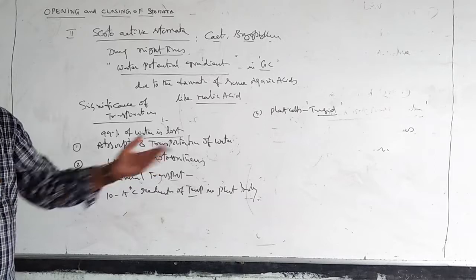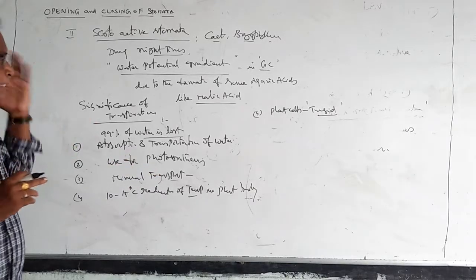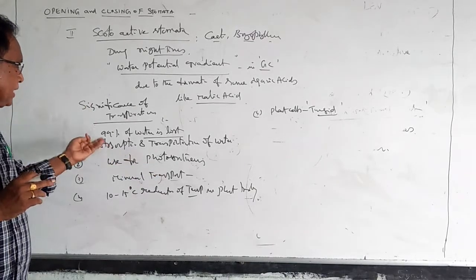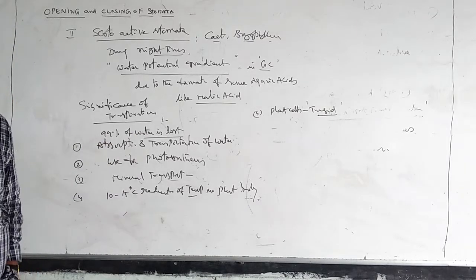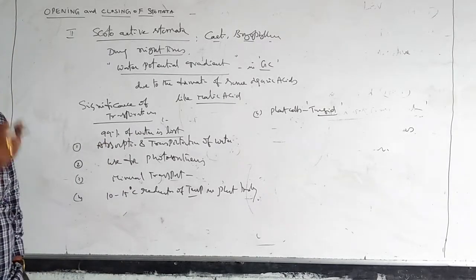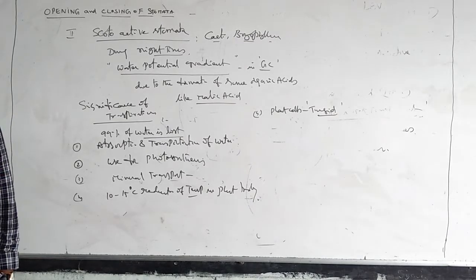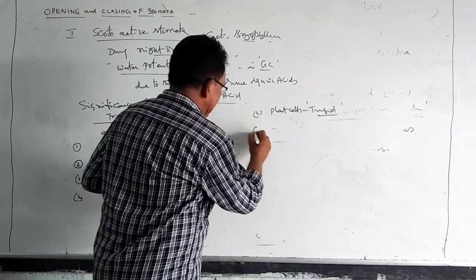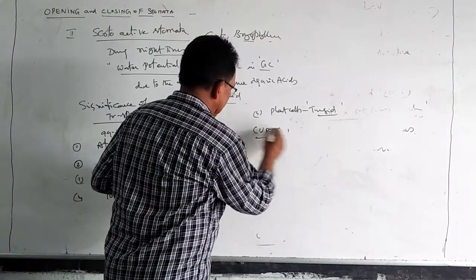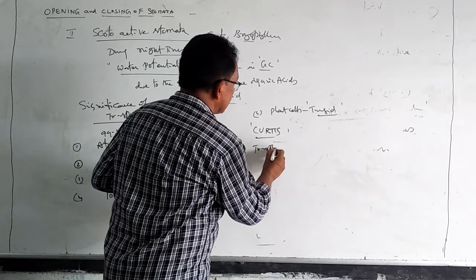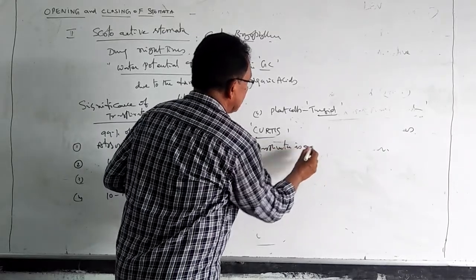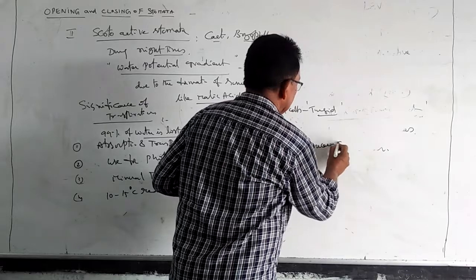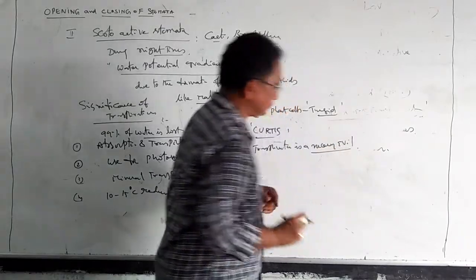Even though there are so many benefits, because of this process, 99% of water is lost. In spite of this loss, plants can afford to perform transpiration. So there are benefits, but there are also harmful effects. Curtis, a scientist, described transpiration as a necessary evil.